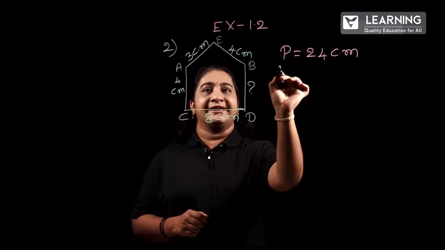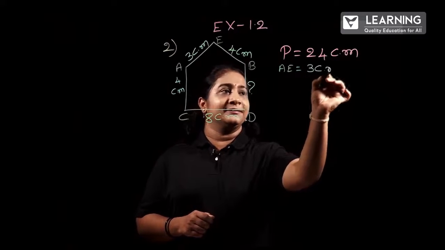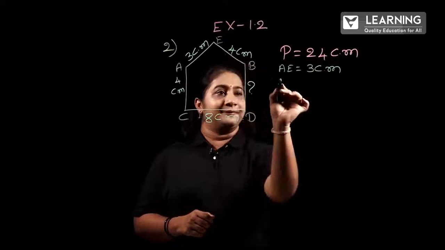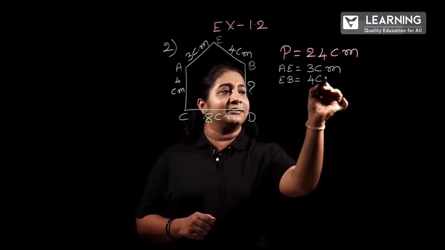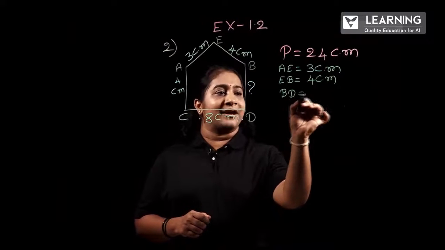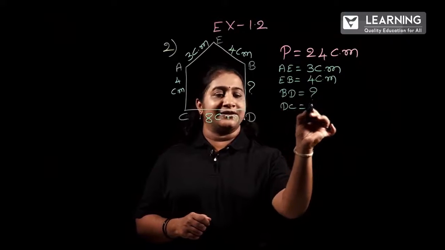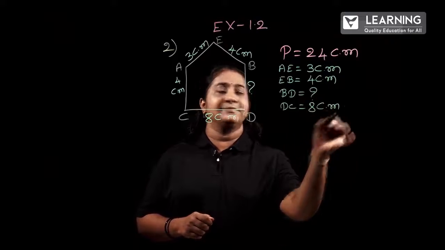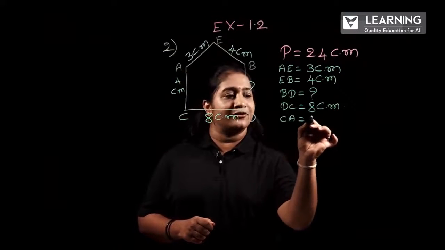That is, AE is equal to 3 centimeter, EB is equal to 4 centimeter, BD we have to find out, DC is equal to 8 centimeter and CA is equal to 4 centimeter.